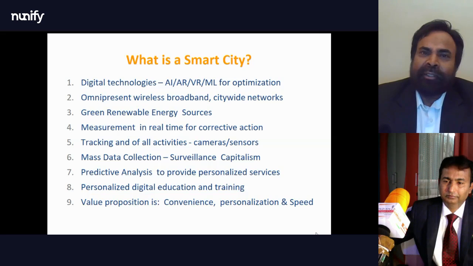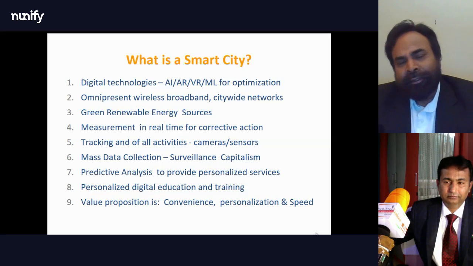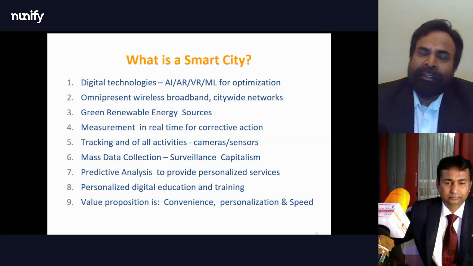So things are being measured in a smart city. They're also tracking all activities through cameras and sensors. And also mass data collection. It's called surveillance capitalism, which people are really afraid of. And I will explain that in a moment.